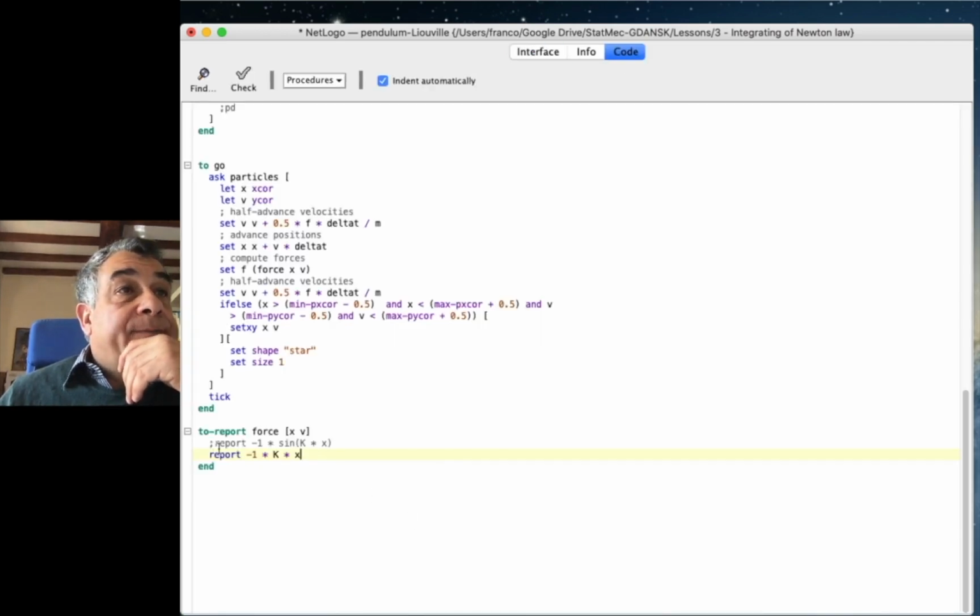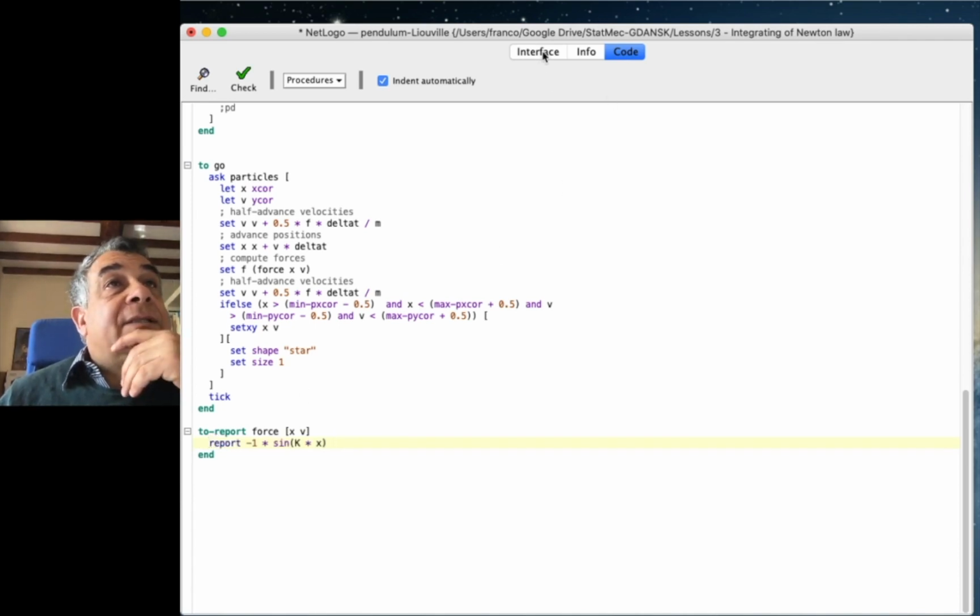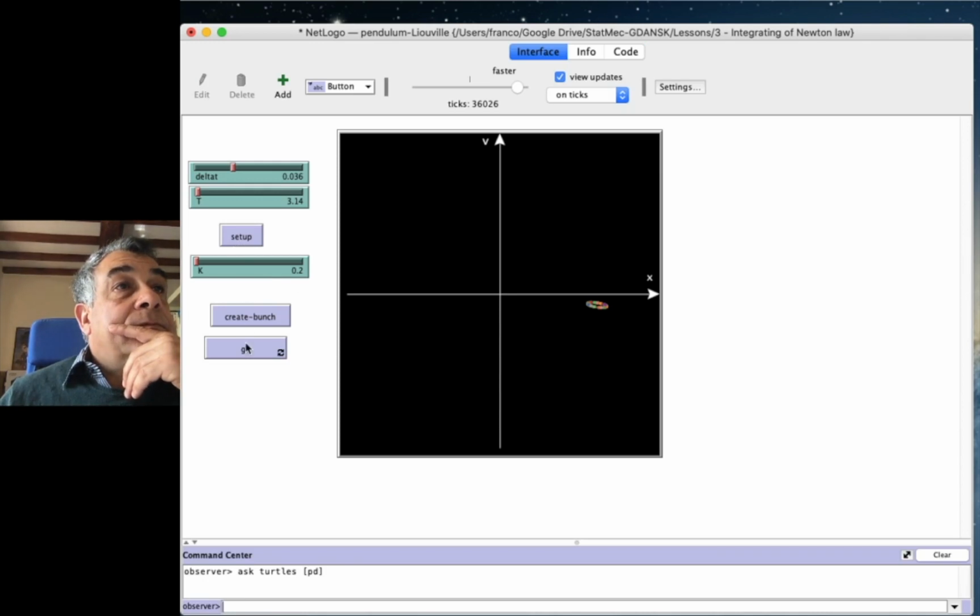While for nonlinear systems, like for instance the pendulum, let me see. I have to reduce it again.